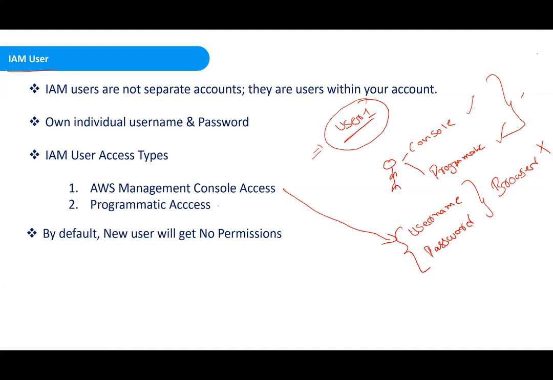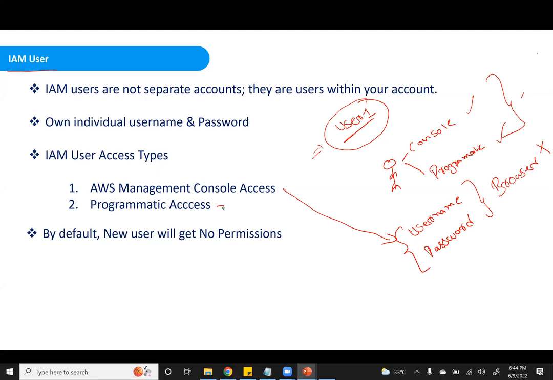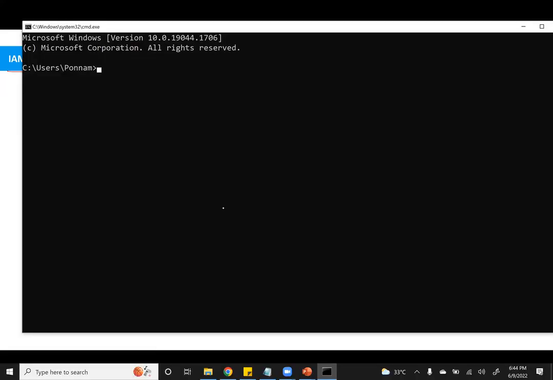Instead, this programmatic access user is used to log into the Amazon account using CLI, SDK, and APIs. What does CLI stand for? Command line interface tools. A simple command prompt. You can open a command prompt and use some commands to log into your Amazon account.